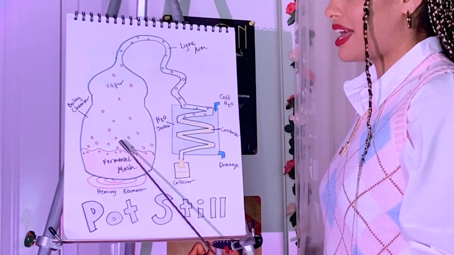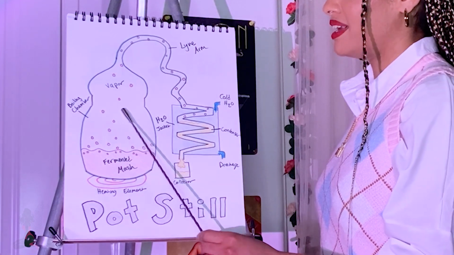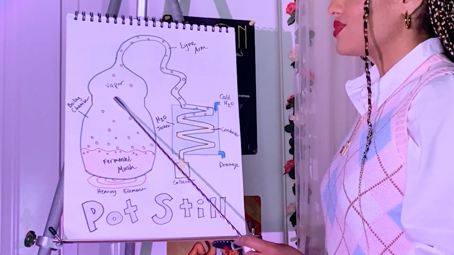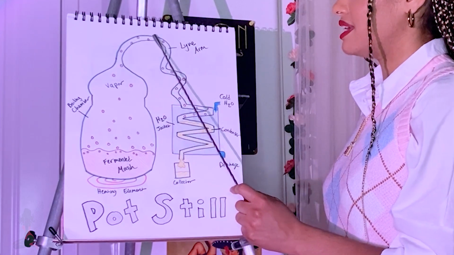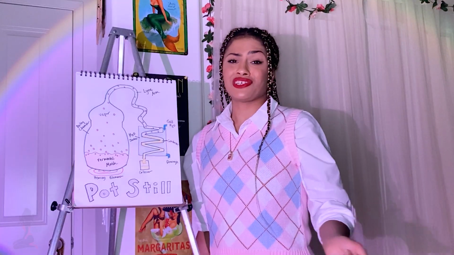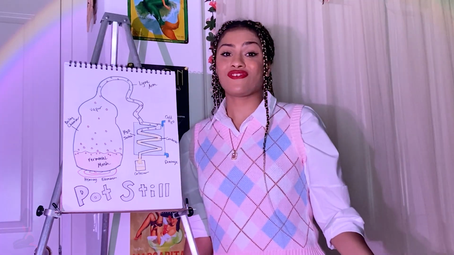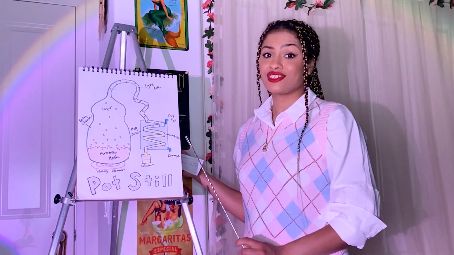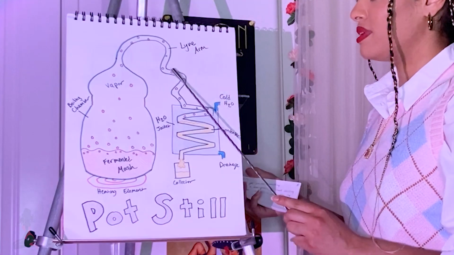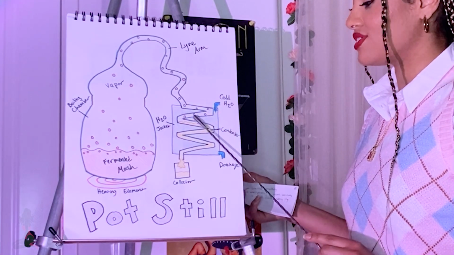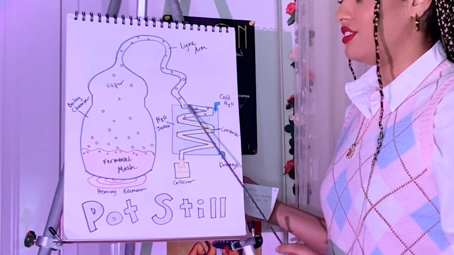Then our fermented wash is going to turn and evaporate into a gas, and it's going to travel through the lyne arm. The lyne arm is basically just a tube to control the direction of the gases so that they're not just flying wherever they want. Looking at this diagram, you can see that the lyne arm turns into the condenser, which is inside another vessel.